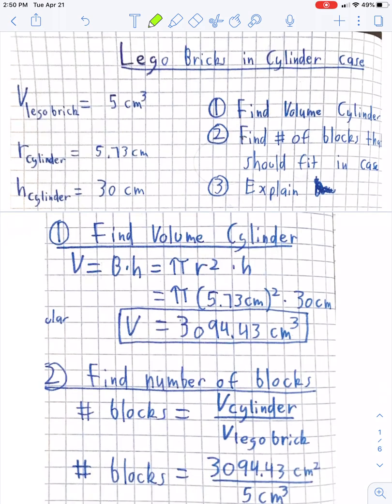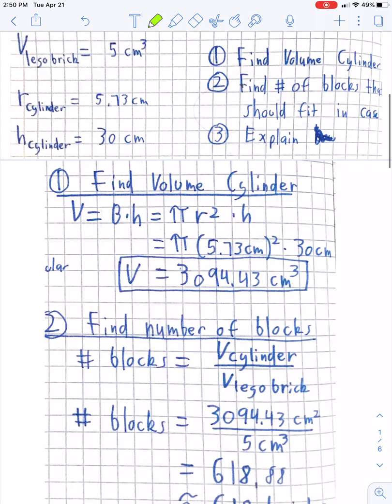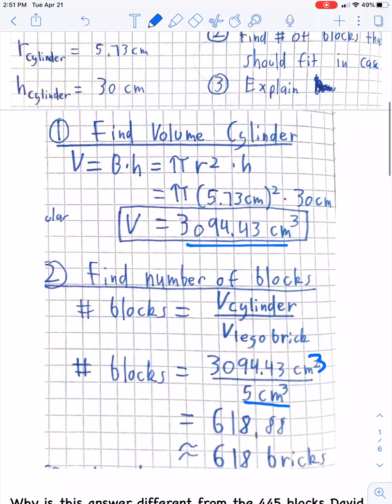So we already got our volume up here at 3,094.43 centimeters cubed, and then we're going to divide that by the volume of the Lego brick, which from up here was 5 centimeters cubed. Divide those two things and we get 618.88, which will round down to 618 bricks because we can't have 8/10 of a brick.